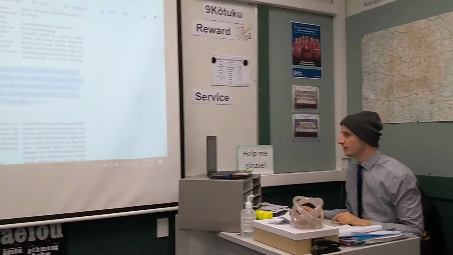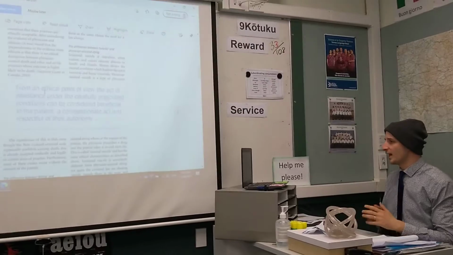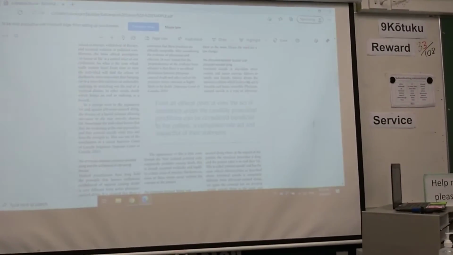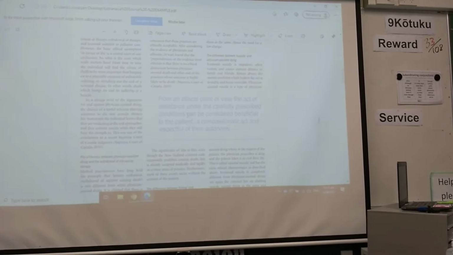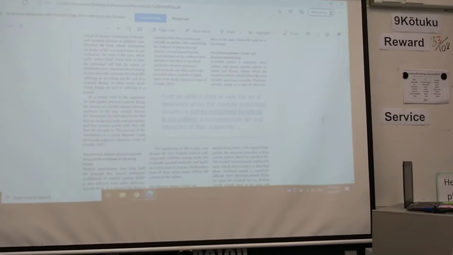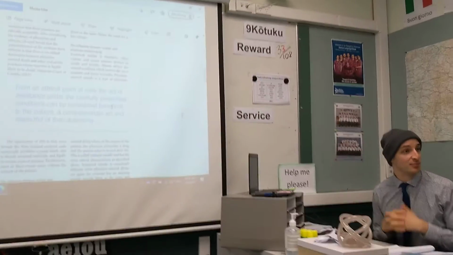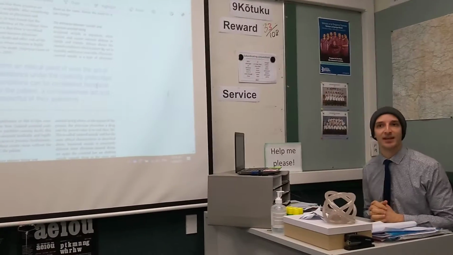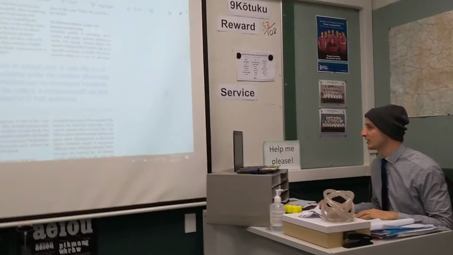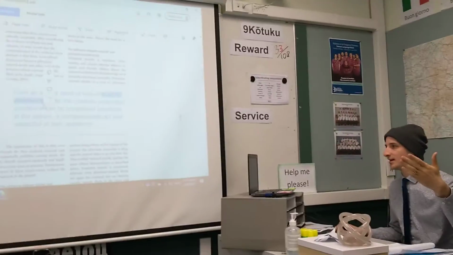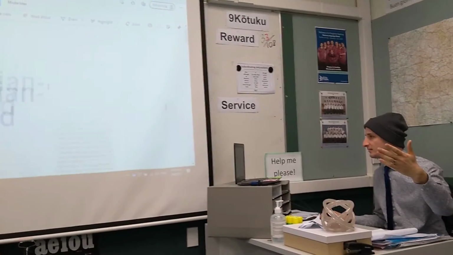Now, this quote, I actually really like. "From an ethical point of view, the act of assistance under the carefully prescribed conditions can be considered beneficial to the patient." Beneficial is a positive word. So this person is pro-euthanasia. They think it's okay. It says that the act of, what's it called?